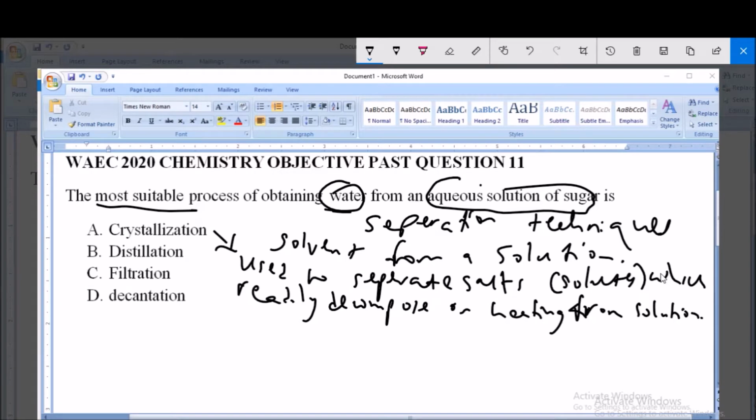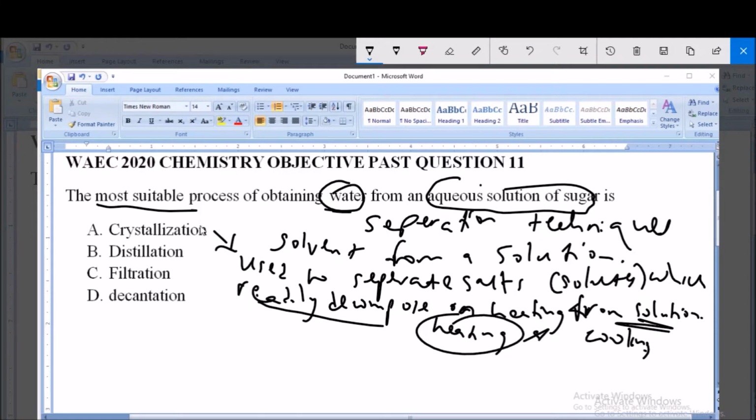So when you have a solution of salts which decompose easily on heating, you make use of crystallization to separate that salt from the solution, and it usually involves gentle heating and then cooling of the solution.